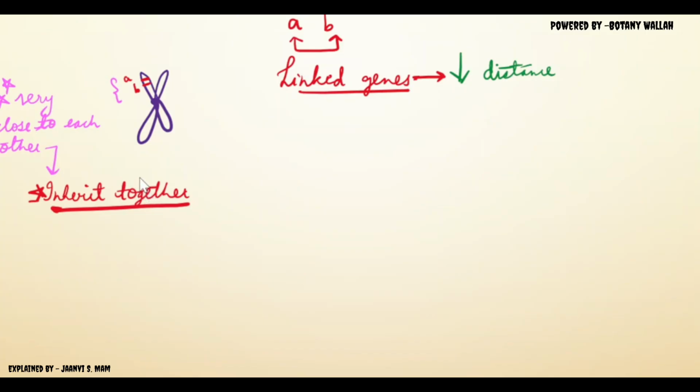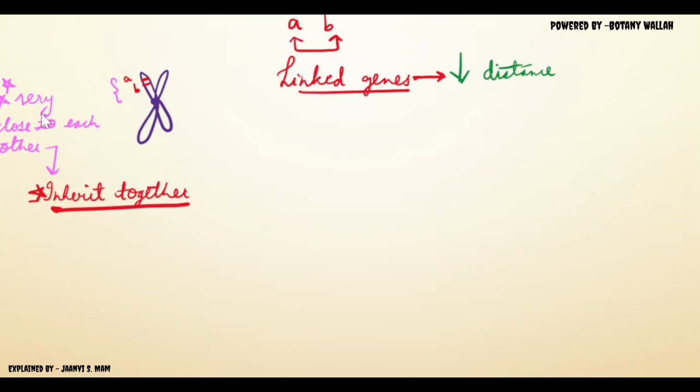There can be many genes, not only two; several genes can be linked together. If they are linked together, they have a tendency to inherit together.